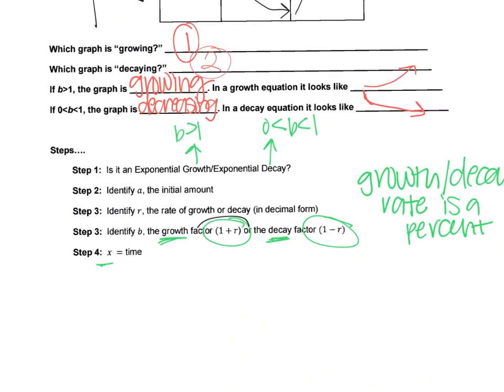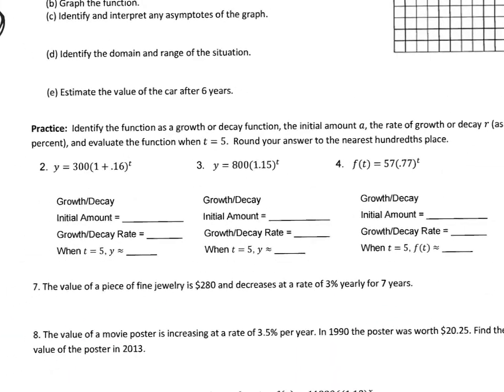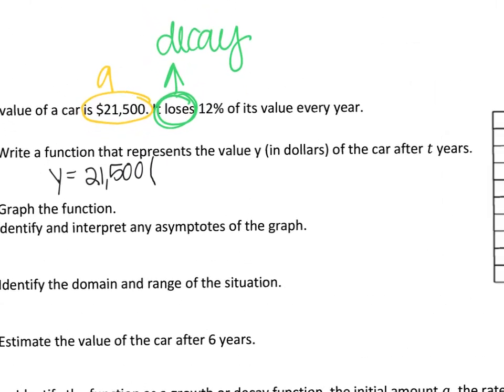So I'm either doing 1 plus R or 1 minus R. Well, it told me the rate is written as a percent. R is 12%. So I'm doing 1 minus my R, because we're losing.